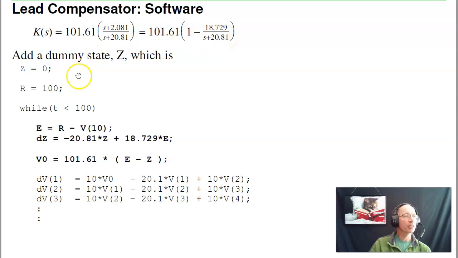Create a dummy state z, and when I cross multiply, z is this times the error. sz, right here, is minus 20.8 times z plus 18.7 times the error. Then the input is just 101 times your error minus your dummy state z.